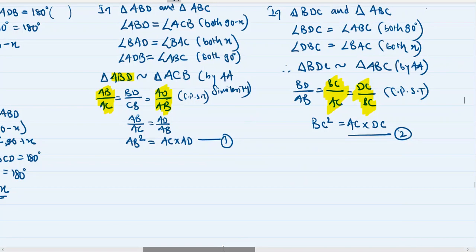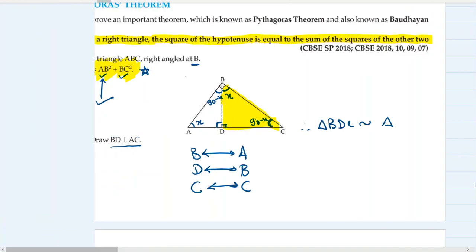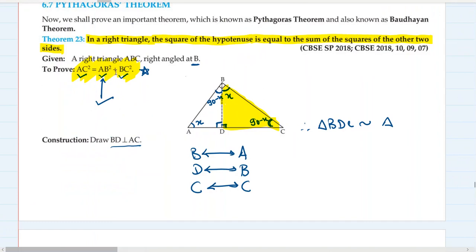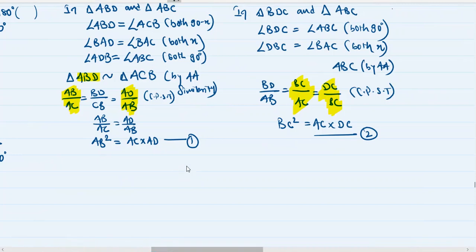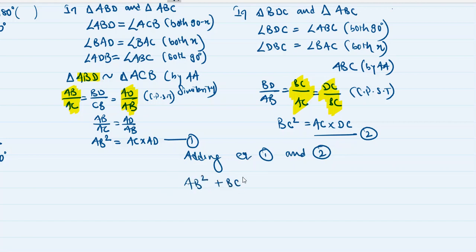Let me show you. Okay, equation 1 is in terms of AB square. The value of AB square in equation 2 is in terms of BC square. What do we have to prove? We have to prove AB square plus BC square is AC square. So here simply we are going to add equation 1 and 2 and we'll get AB square plus BC square is equal to AC into AD plus AC into DC.